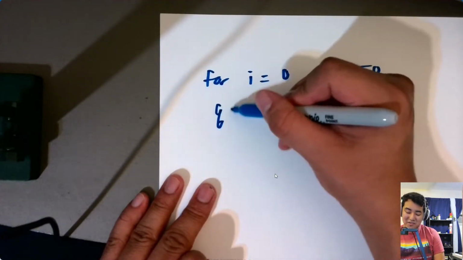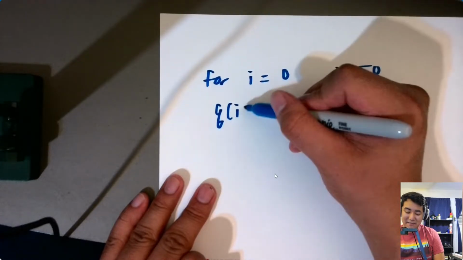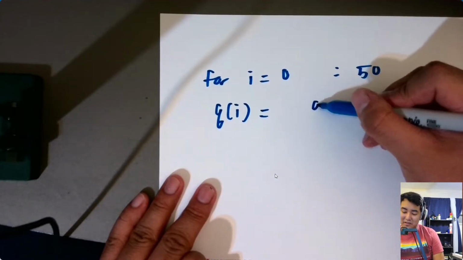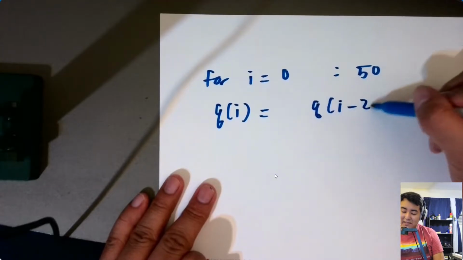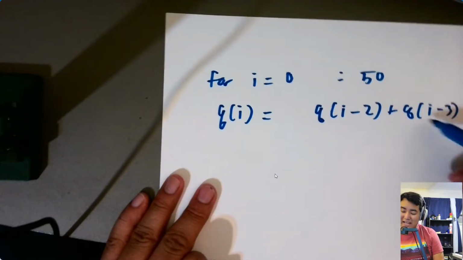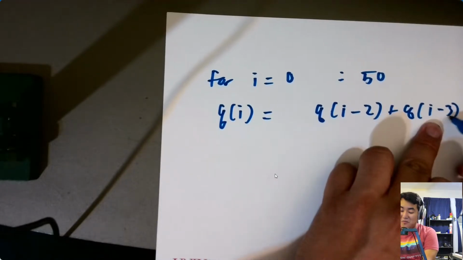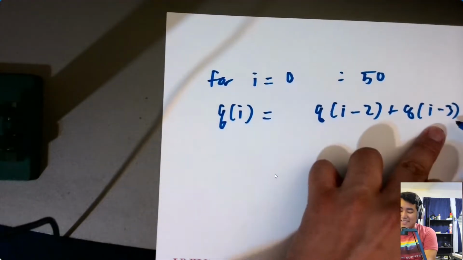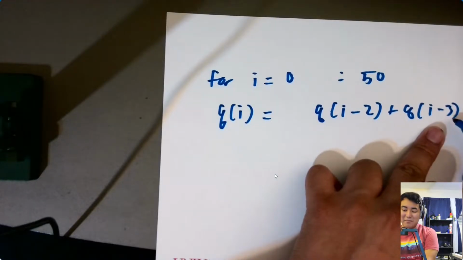And we just write the equation. Just keep this i, and then let's do q of i minus 2, and then plus q of i minus 3. So we have this, but if we punch in this here, it's gonna make this blow up.